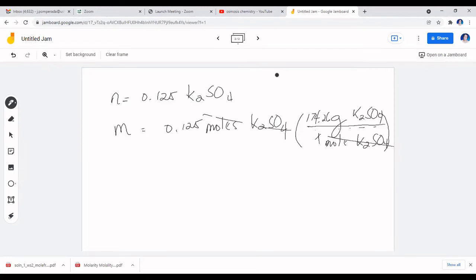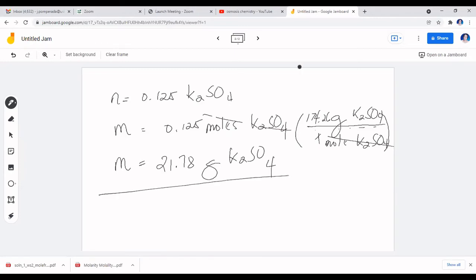So we can eliminate moles of potassium sulfate by multiplying the number of moles by the molar mass. So our answer here is equal to, let me see if somebody gave me the answer already, 21.78. So 21.78 grams potassium sulfate.